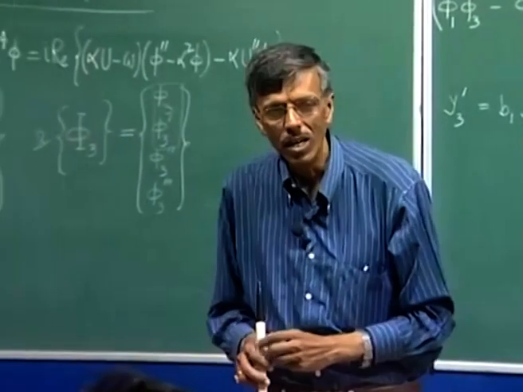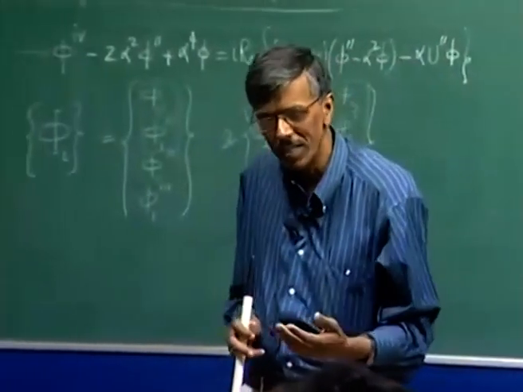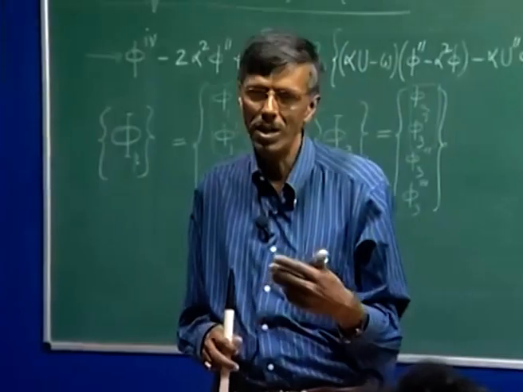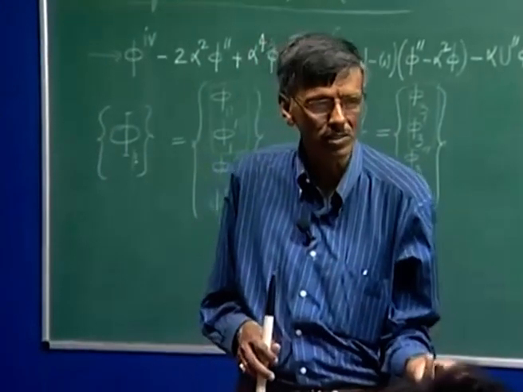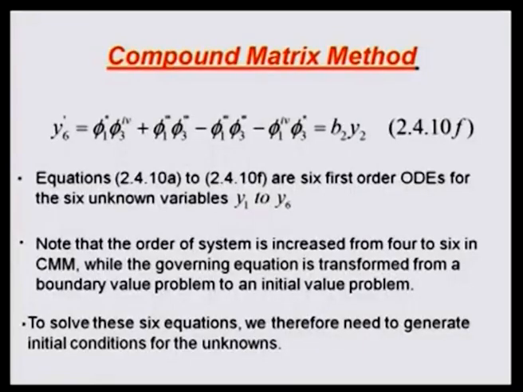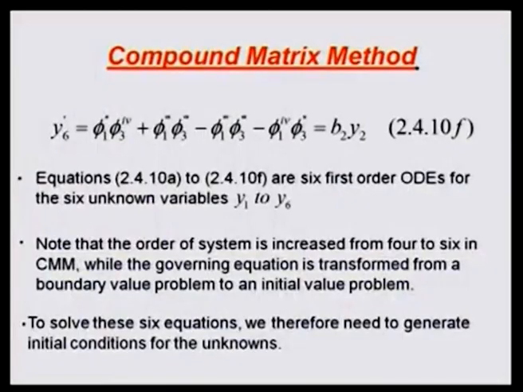So, basically what we have done is converted a boundary value problem into a kind of an initial value problem, because you have to satisfy one set of conditions only, right. So, this is something we need to do. However, we make this observation that in doing so we have increased the order of the system from 4 to 6, because now we have 6 coupled first order equations.